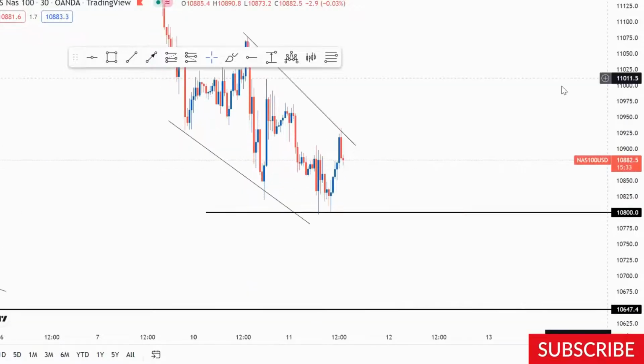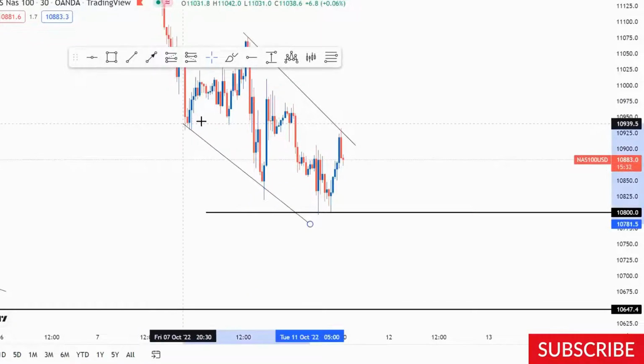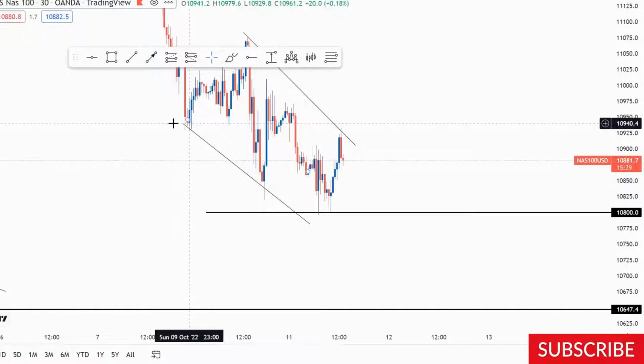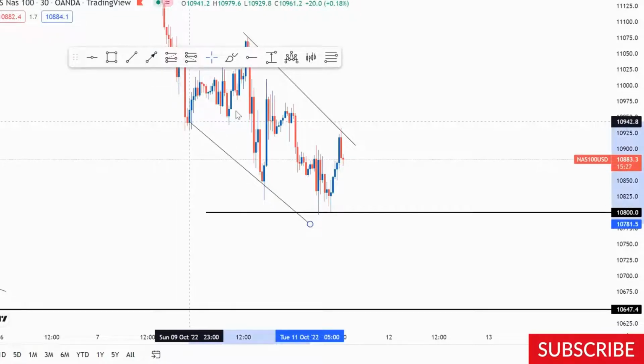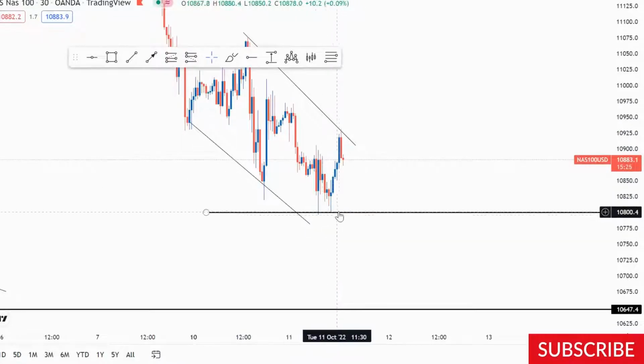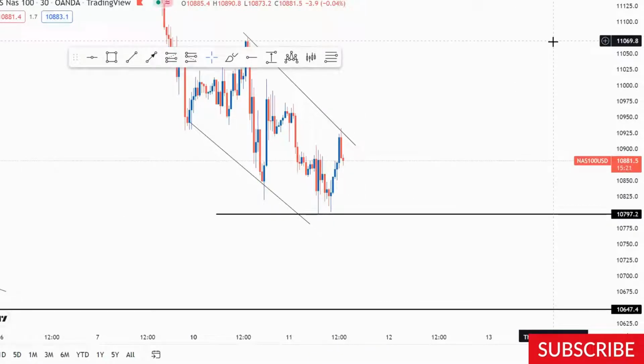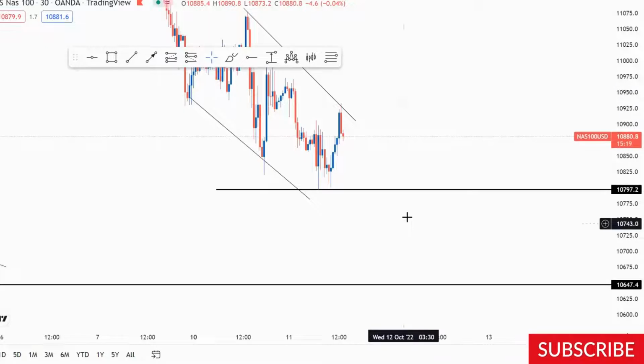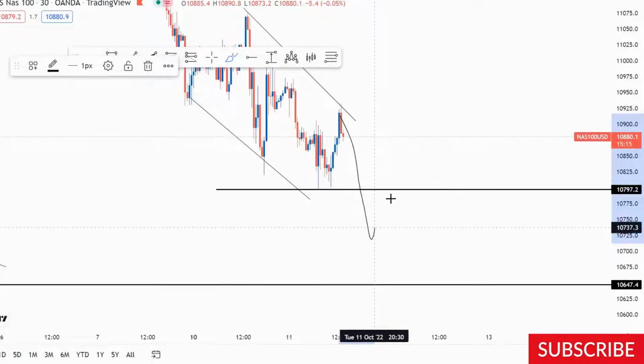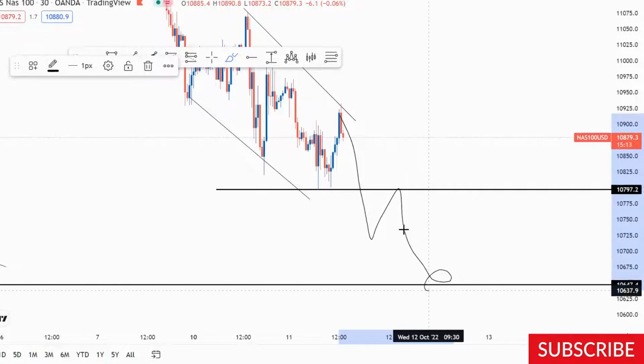So as you can see on the lower time frames, this is the way I am seeing it. We need to look at this level, which is 10,793.2 on the 30-minute time frame, and also this level over here, meaning that if the market ends up breaking below, giving us a retest, we might want to come here.